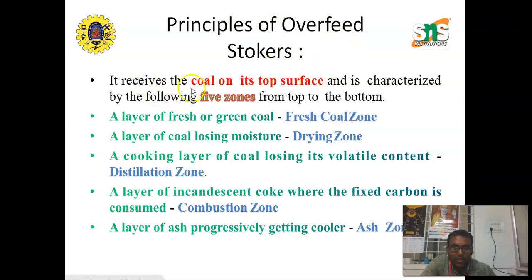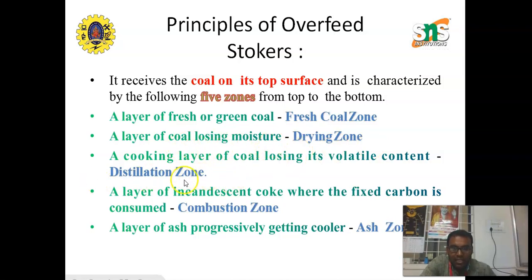It feeds the coal on its top surface and is characterized by the following 5 zones from top to bottom. First is the fresh coal zone, the layer of fresh or green coal. The second zone is the drying zone, the layer of coal losing its moisture.